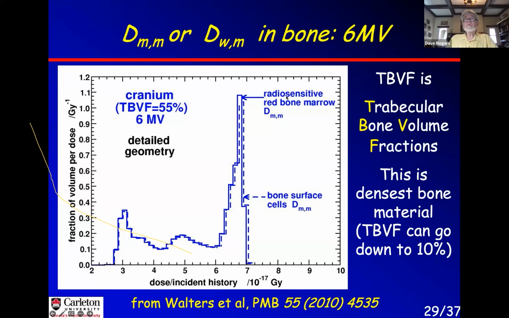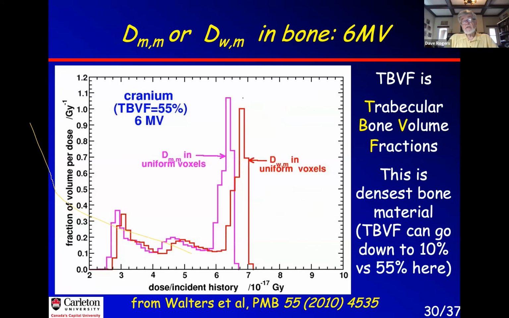And this is for the radiosensitive red bone marrow cells or for the bone surface cells. So they were not very different. And this particular calculation was for the densest kind of bone material that you can run into in typical patients.